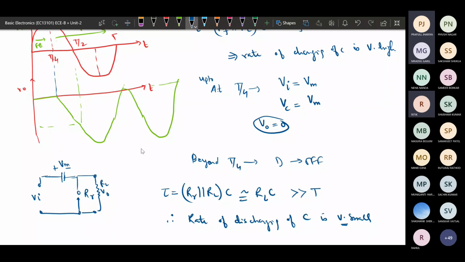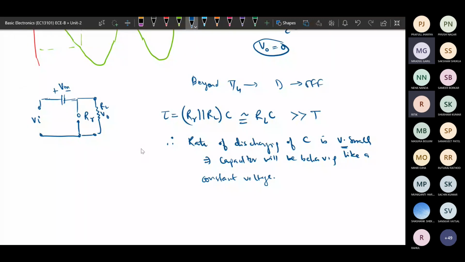For this time period the rate of discharging of this capacitor will be very small, so it will reduce its voltage by a very small value. That means the capacitor will be behaving like a constant voltage.